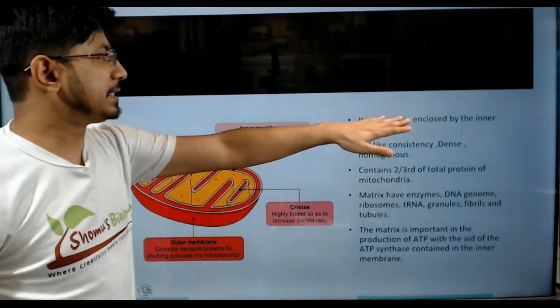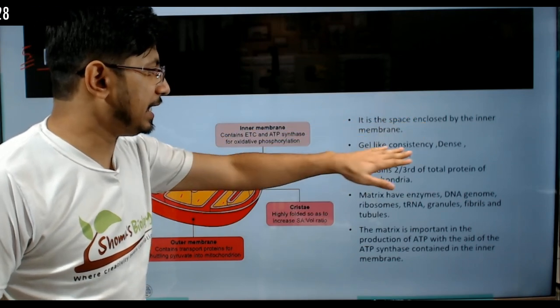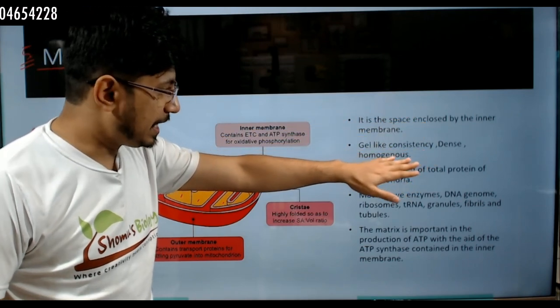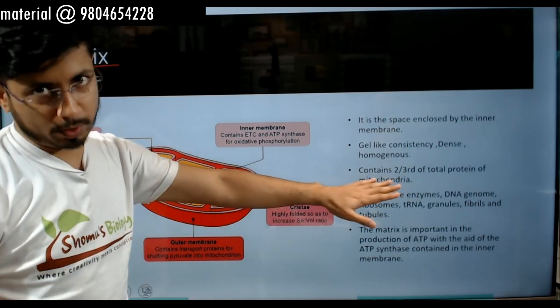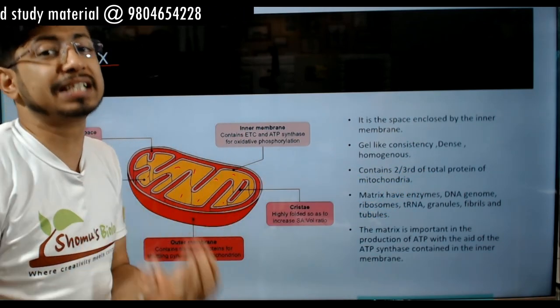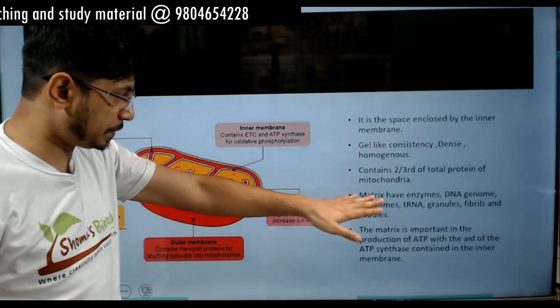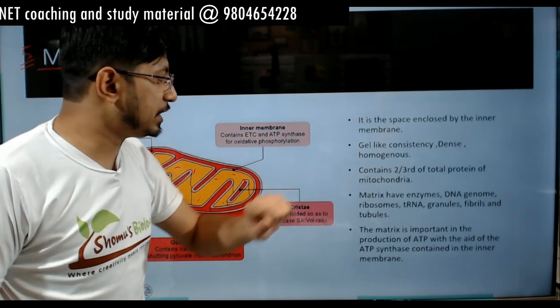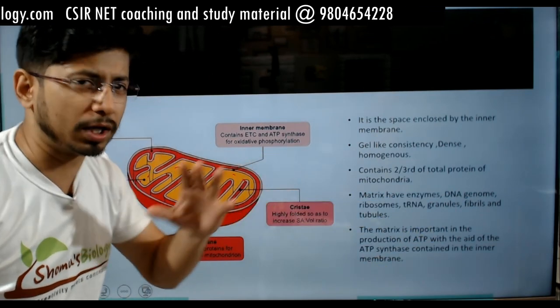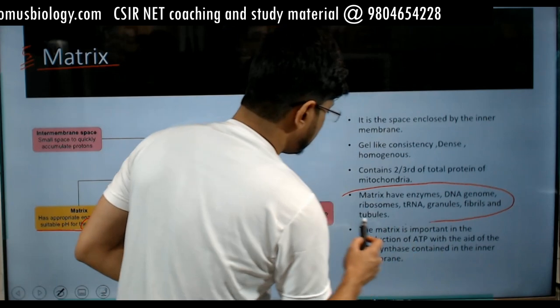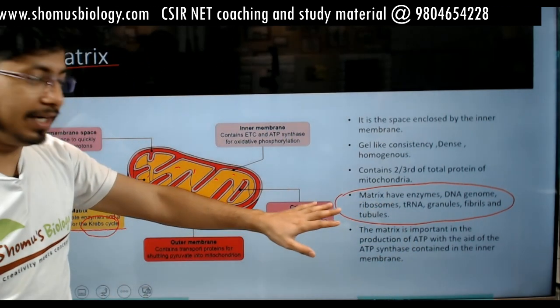It is a space enclosed by the inner membrane, of gel-like consistency, a dense and homogeneous structure, and contains two-thirds of the total protein of mitochondria. All the proteins that are needed, basically the enzymes needed for the Krebs cycle, TCA cycle, are present there. It has enzymes, DNA genome, ribosomes, tRNA, granules, fibrils and tubules, what not. So basically it's the place that holds everything together inside the mitochondria.